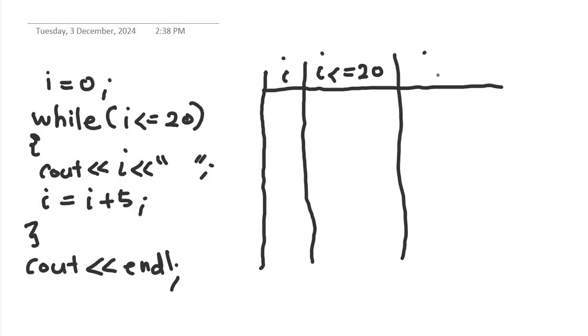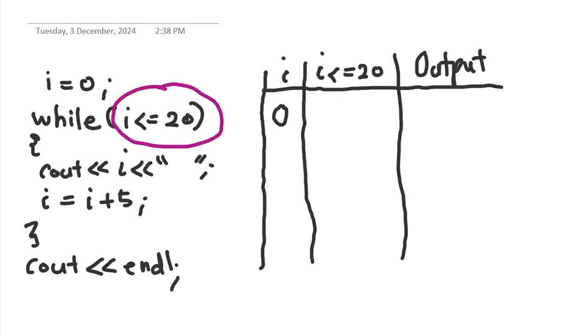This is a simple program. The initial value of I is 0. Then we evaluate the condition here: I less than or equal to 20. The answer is true. When true, we go inside the body of while.